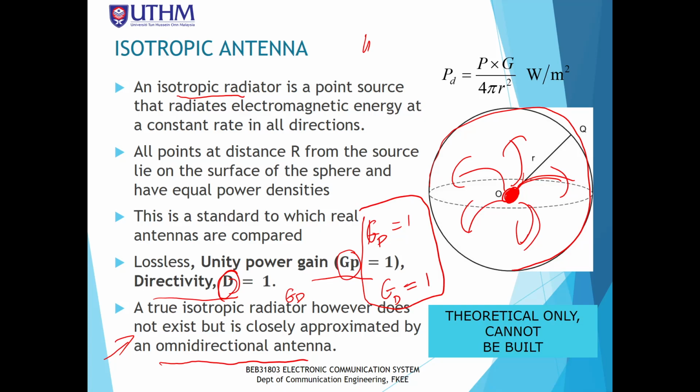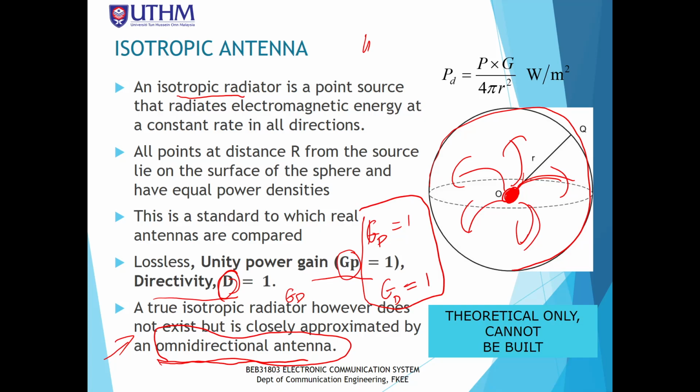So this is the real antenna, almost similar to the radiator in that it radiates the electromagnetic energy in all directions, but it is not like the isotropic antenna. Dia tidak seperti isotropic antenna. Okay, dia tidak sama.